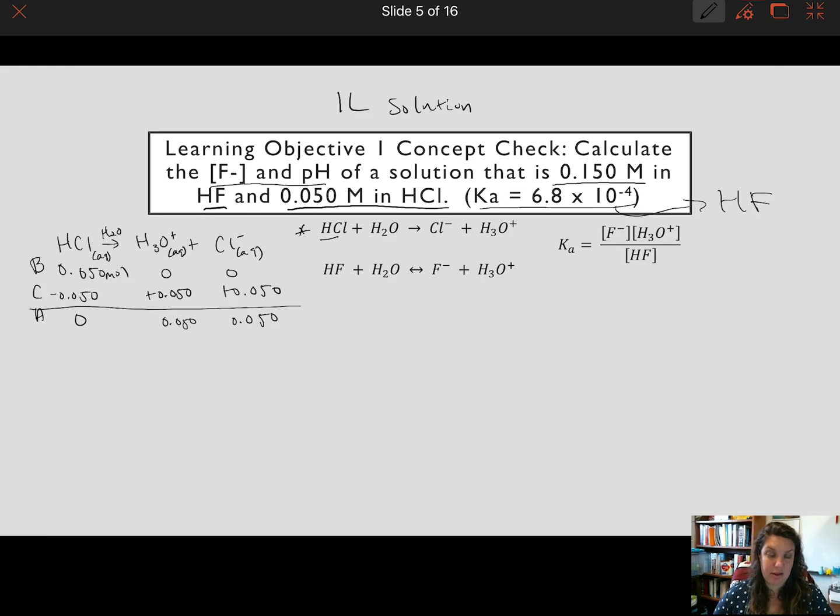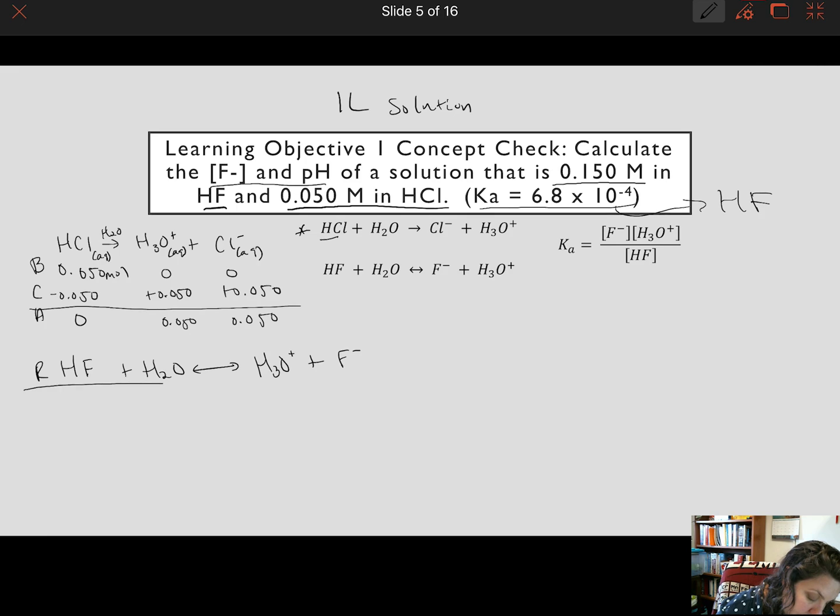Okay. We can then take that, put it into our RICE table. So our weak electrolyte, HF, will react with water to produce hydronium as well, and our fluoride ion. We're going to put this back into 1 liter, so that gives us a concentration of 0.050 molar.